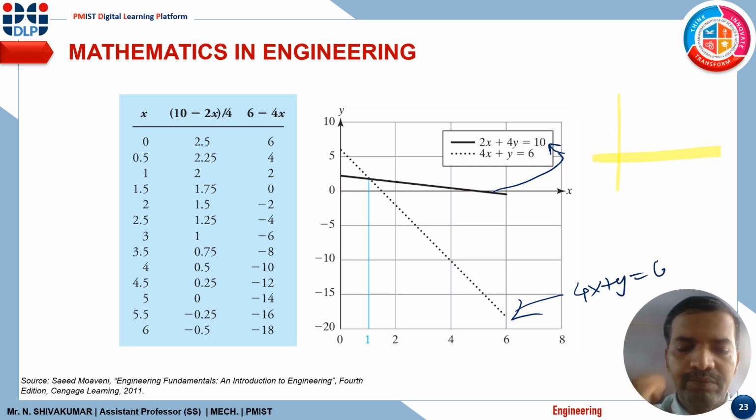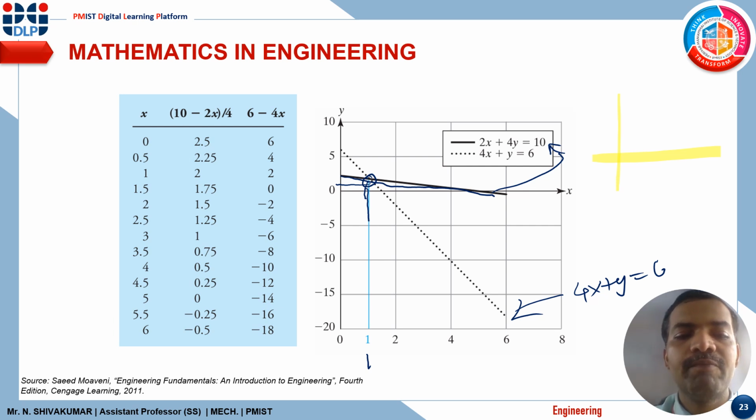So here our objective is to find the solution of this system of equations. If you see, this line is 2x plus 4y equal to 10 and the dotted one is 4x plus y equal to 6. Both intersect at this point. For this point, the x value is 1, and graphically we can see the corresponding y value.